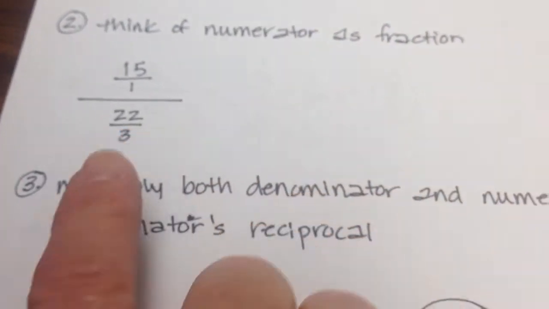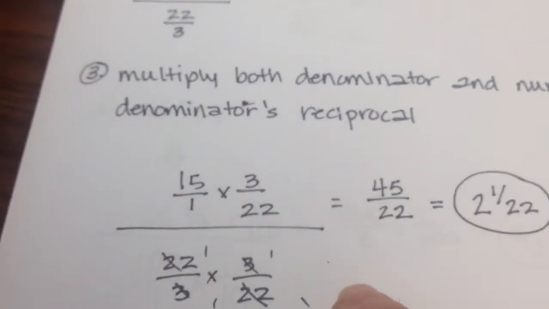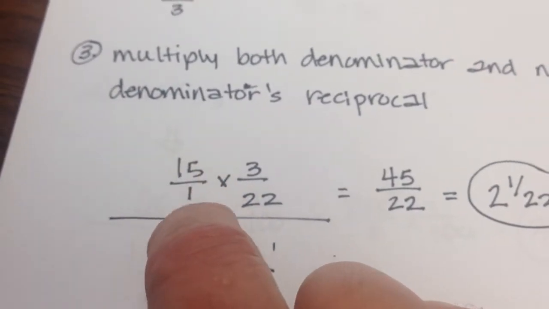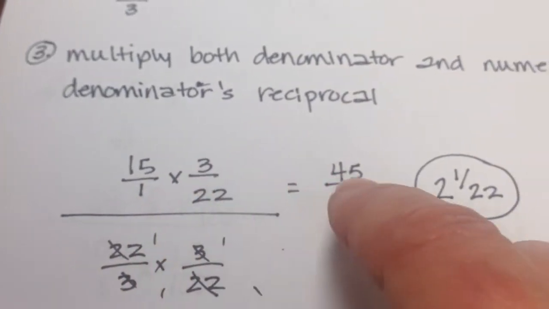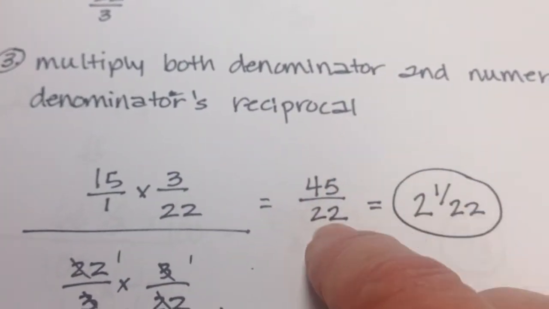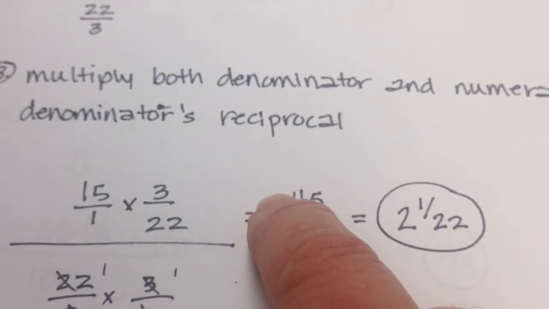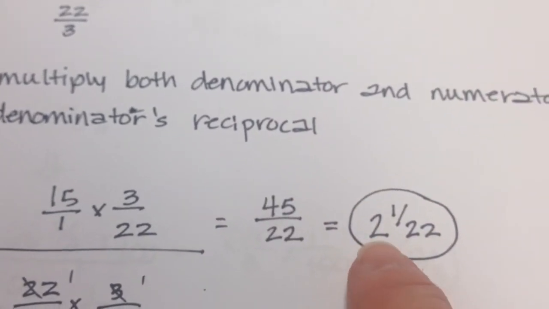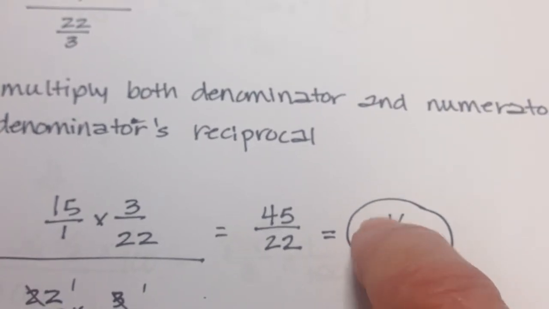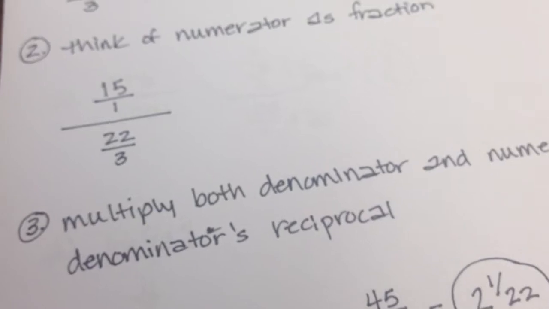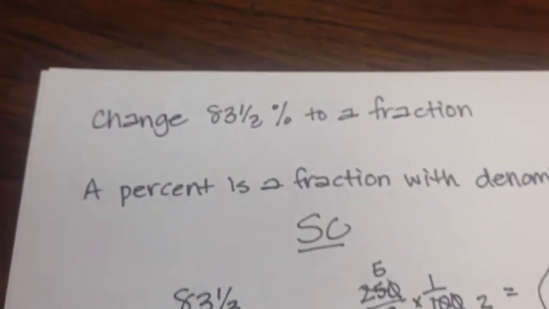The reciprocal of the denominator, which is 3 over 22. So 15 over 1 times 3 over 22 equals 45 over 22. Well, this is improper, so I just divide 22 into 45. It can go 2. You have 1 left over, so 2 and 1 over 22. And you're saying, I don't know if I get it yet. Help me out. All right.